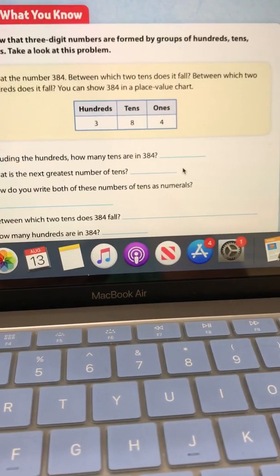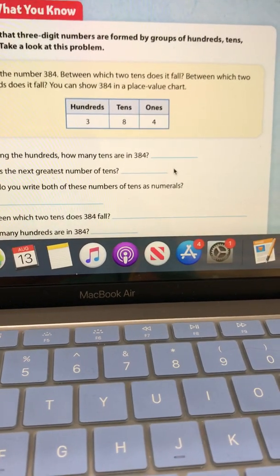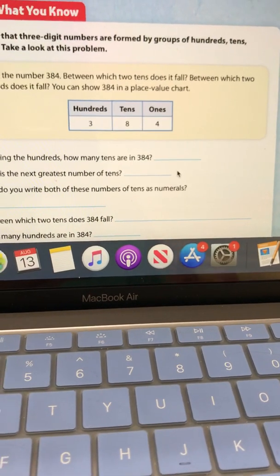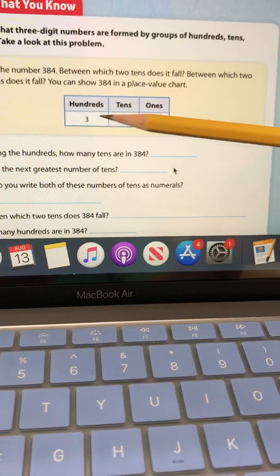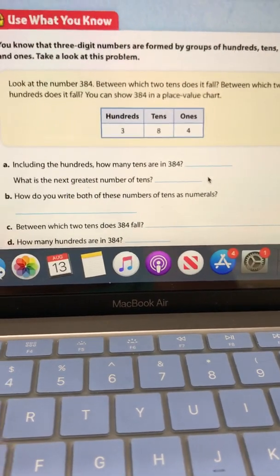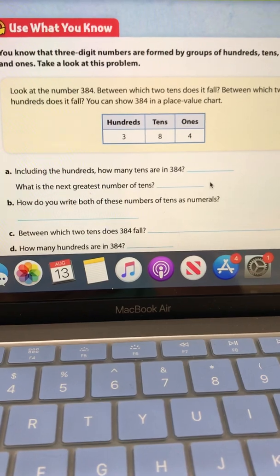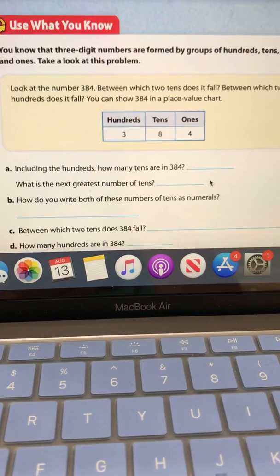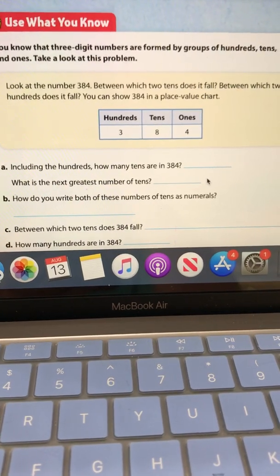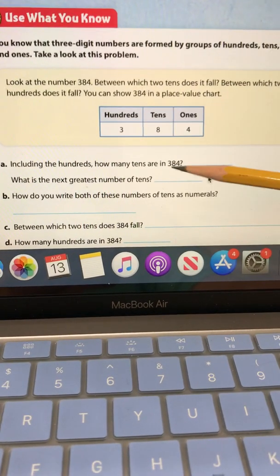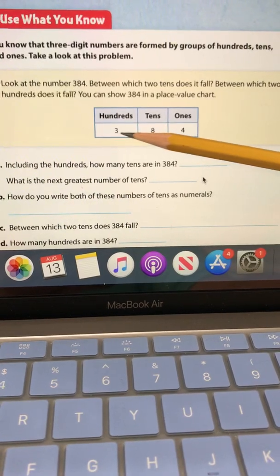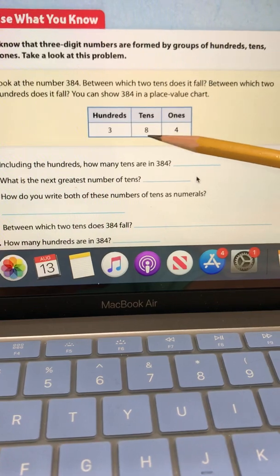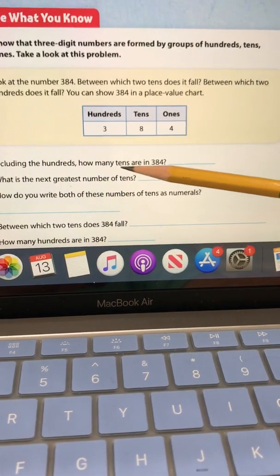All right, letter A says, including the hundreds, so we want to make sure we keep that 3 that you see in the hundreds place because we want to include that. Including the hundreds, how many tens are in 384? So what does that mean? It means we're going to keep our hundreds and we're going to also go to the tens place because it says how many tens.